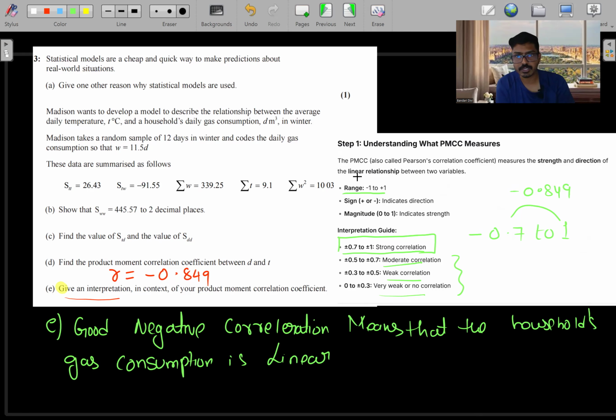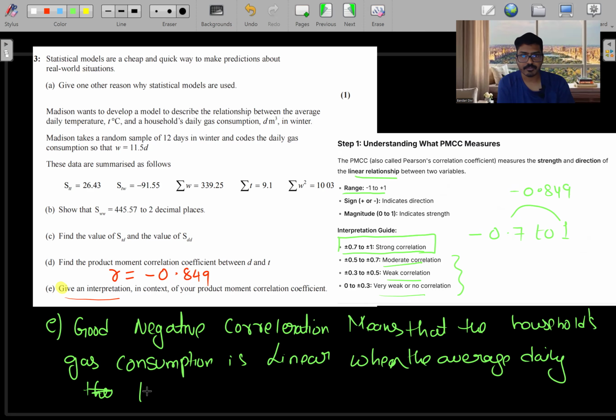Since you can see linear relations, gas consumption decreases when the average daily temperature increases. This is the answer for our part E. This is a simple question, but still you will get 3 marks for this question.